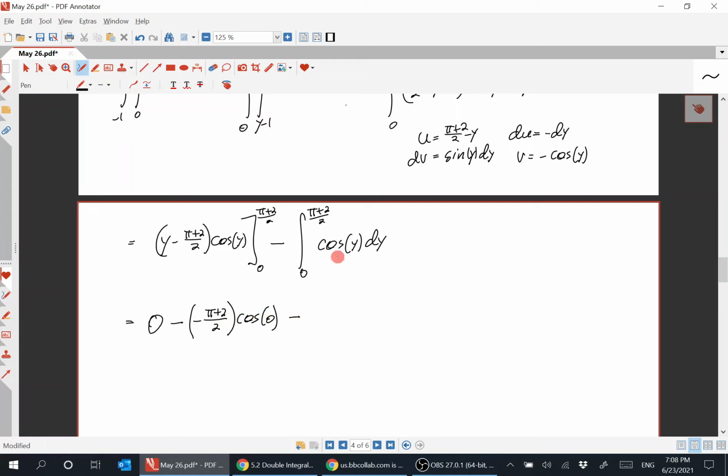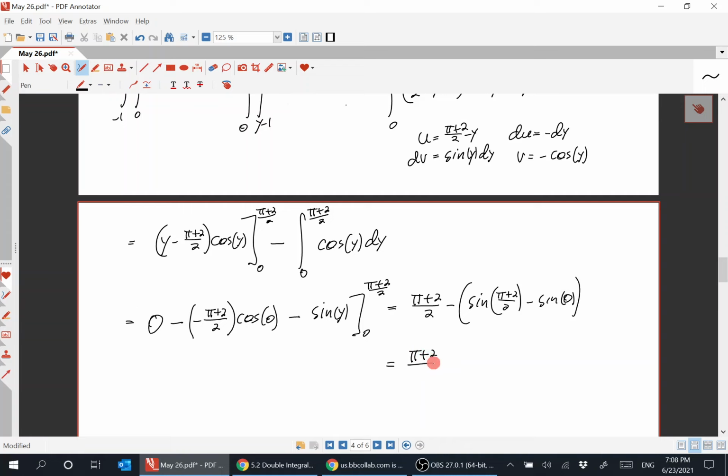Minus, the antiderivative of cosine y is sine y. So we get just positive pi plus 2 over 2, and minus sine of pi plus 2 over 2, minus sine of 0, which is 0.